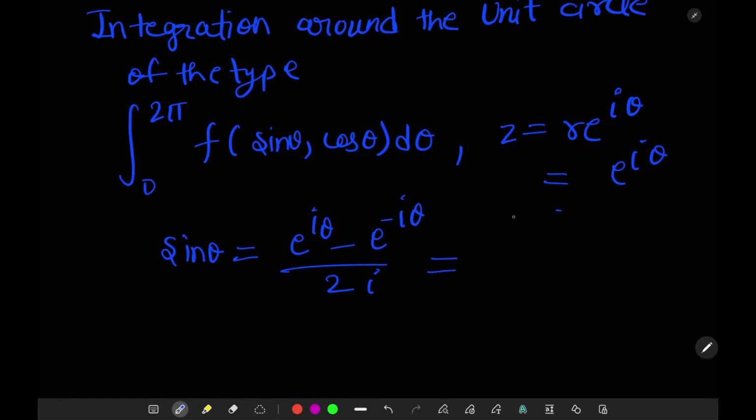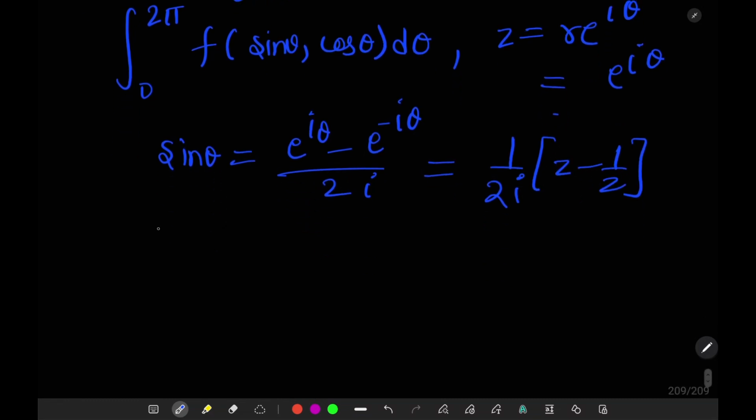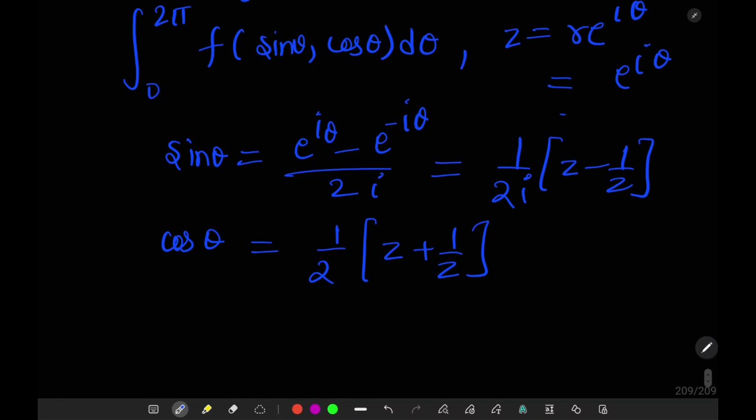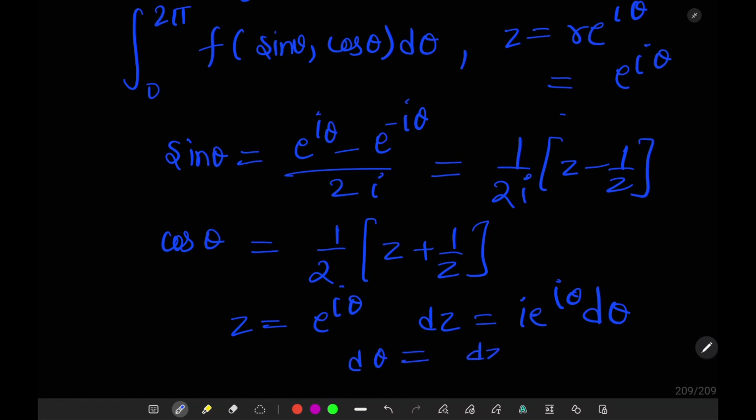We can write this in terms of z: (z minus 1 by z) divided by 2 iota. Similarly, for cos theta, we can write this. Here you can see z is equal to e raised to power iota theta, so dz is equal to this. So d theta is equal to dz over iota z.